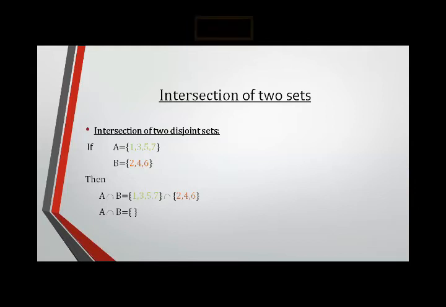So as you can see, there is no common element in both sets. So the answer of the intersection is a null set. Null set means there is no element inside the braces. We only write the braces, not putting any zero or any other thing here. So this set is a null set.